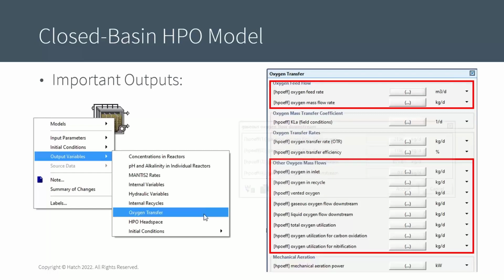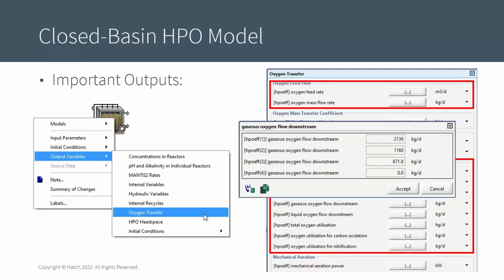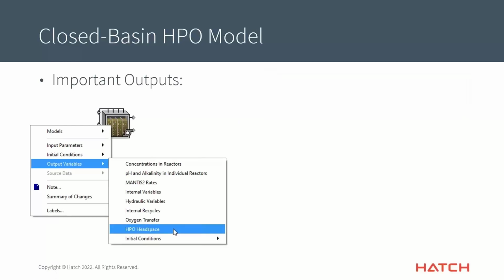So I'll show you what that looks like. So for example, here, this is the amount of oxygen that is flowing in the gas down to the next downstream tank. So right now we're seeing leaving that first tank is 2136 kilograms per day. And then, of course, some of it is being used up. So the next one is there's less left over to go on to the next tank and so on and so on. Right. Okay. So that's one menu.